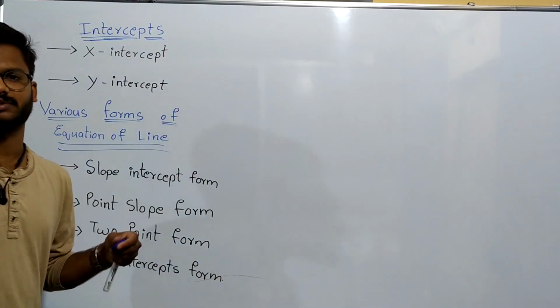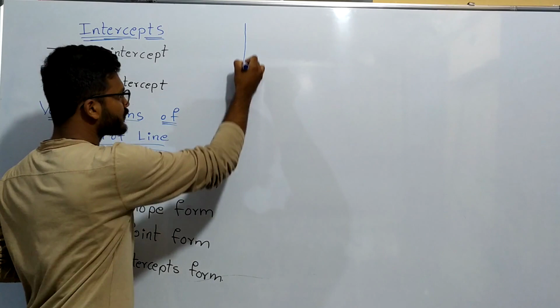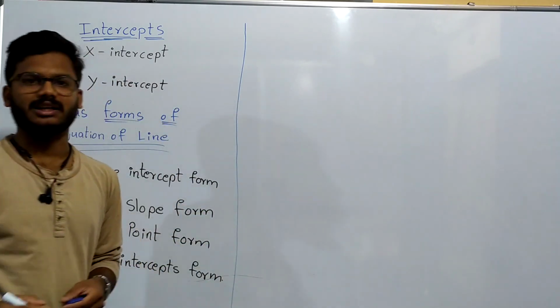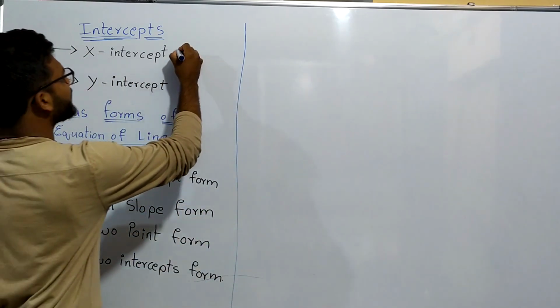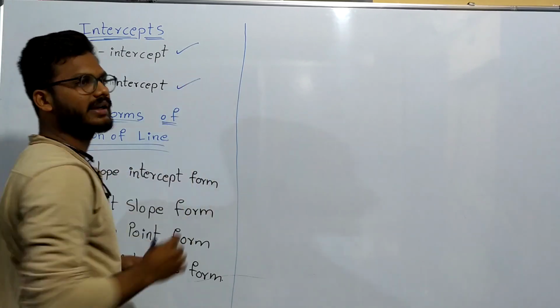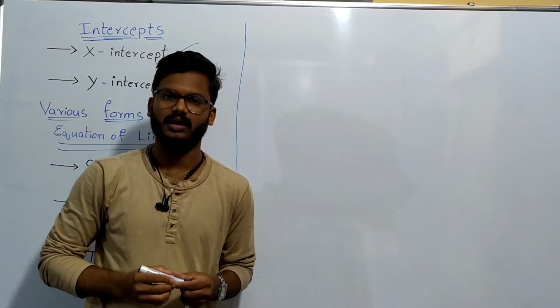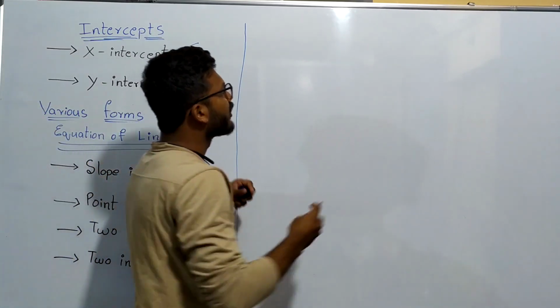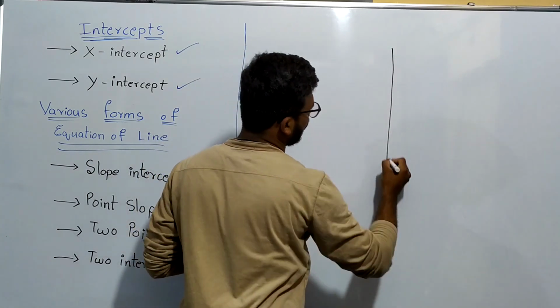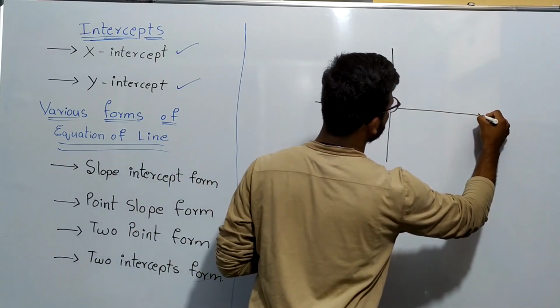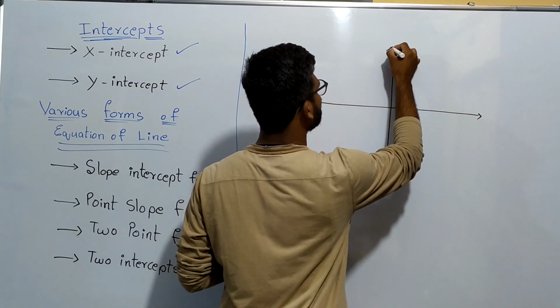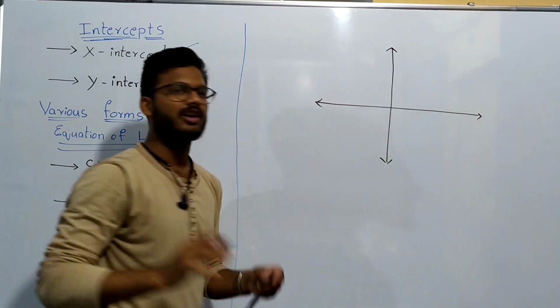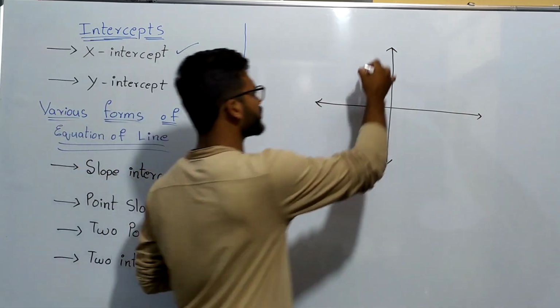It is intercepts. Okay, in this we will get two intercepts. What are they? First, the x-intercept and the y-intercept. Let us see what they are. Let it be the x-axis and y-axis, and suppose this is the line.